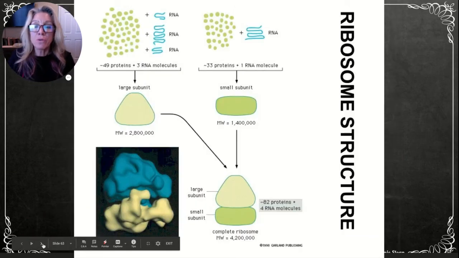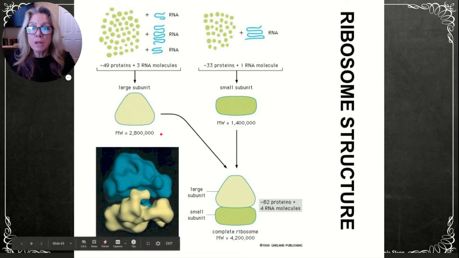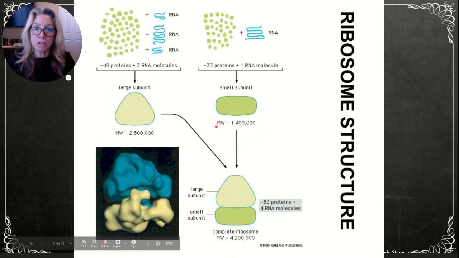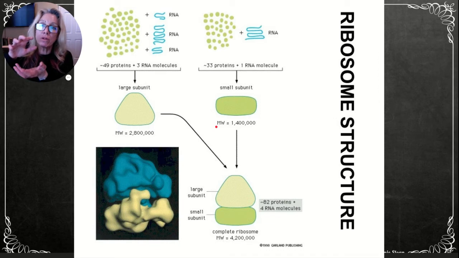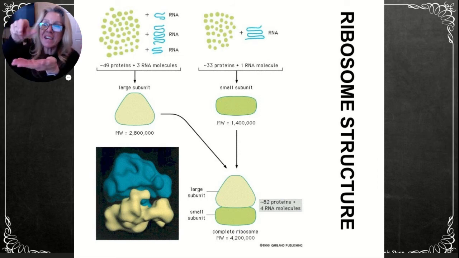All right, so the ribosome, which is the workbench for protein synthesis, is made out of rRNAs and proteins. So here you can see it has a large subunit and a smaller subunit, a large and a small ribosomal subunit. Basically what's going to happen is your small ribosomal subunit is going to come first, your mRNA is going to lay down on it, and the first tRNA is going to land.